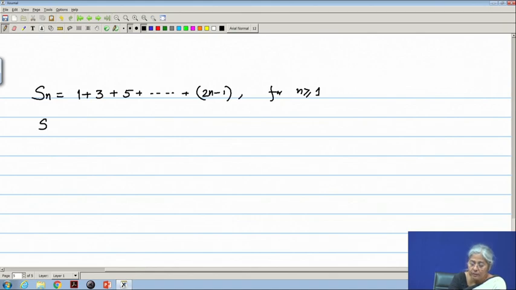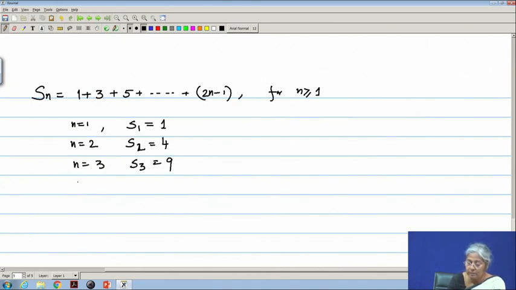For n equal to 1, S1 equal to 1. For n equal to 2, S2 equal to 4. For n equal to 3, S3 equal to 9.